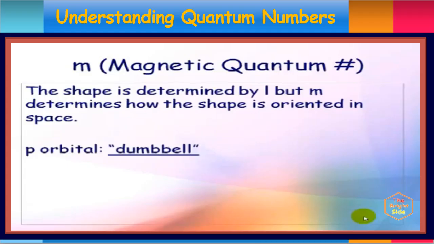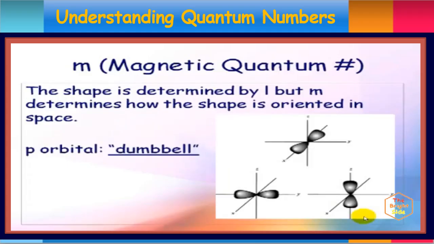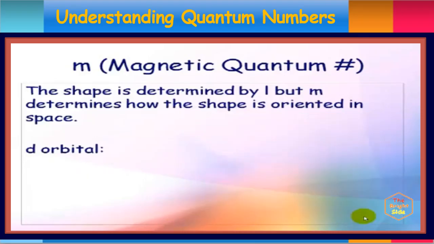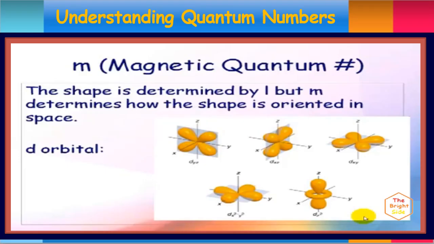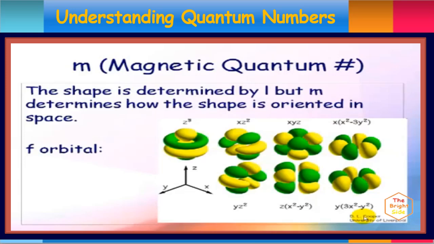The P orbital, or the dumbbell, can arrange itself along any of the 3 axes, the X, Y, or the Z axes. Therefore, there's 3 orientations. The D orbital, which gets more involved in shape, has 5 orientations, and then the F orbital has 7 orientations.